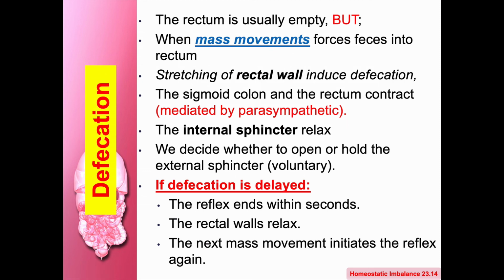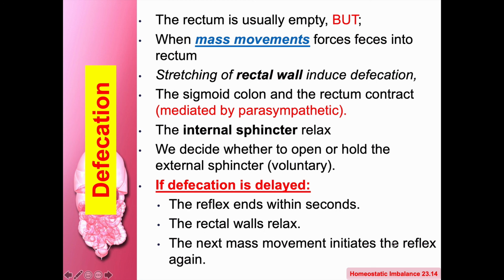The rectum is usually empty, but when mass movement forces feces into the rectum, stretching of the rectal wall induces defecation. The process of eliminating the fecal matter is called defecation. There is an internal sphincter and an external sphincter. If defecation is delayed, the reflex ends within seconds. The rectal wall relaxes.